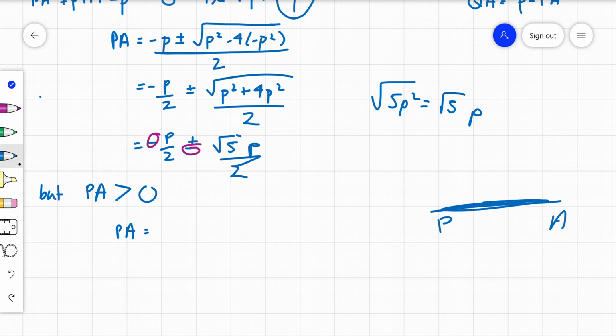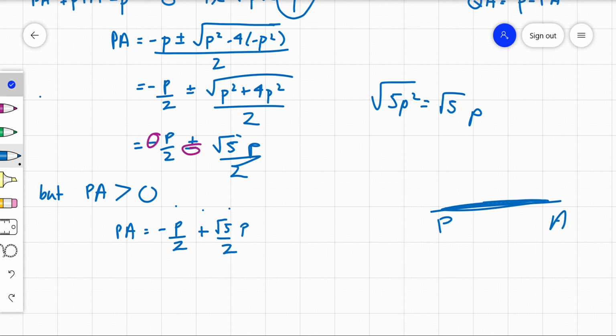I've got to stick with the first being negative, but I'm only going to take the positive part of the second, because I need everything to be positive. It's going to win, because the square root of 5 is bigger than the square root of 4, which is 2. If it was the square root of 4, it would be negative p plus 2p, so you'd get a positive p. So we're good there. We're now going to get a positive.